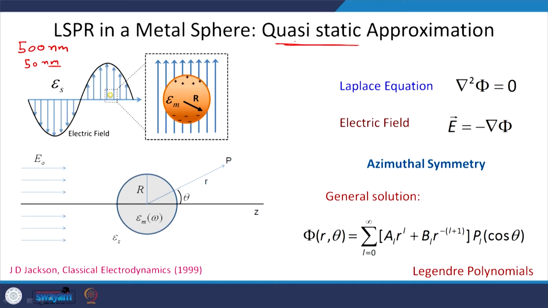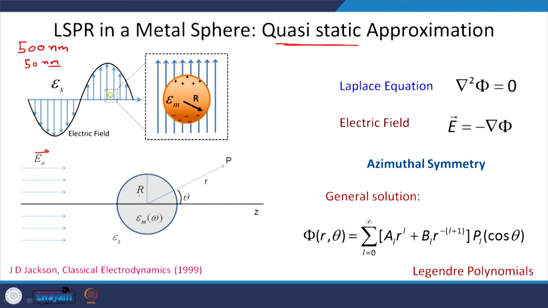This problem can be seen as a nanoparticle, a nanosphere. For example, I have taken a sphere because it is easy to solve, and we consider that it is put in an electrostatic field of E0.